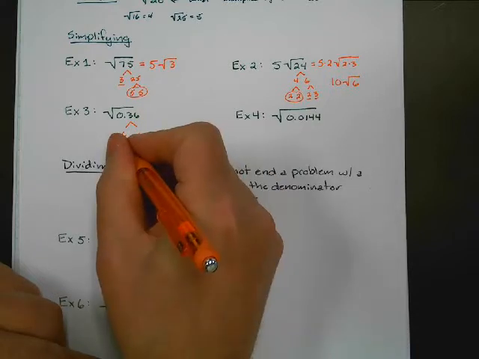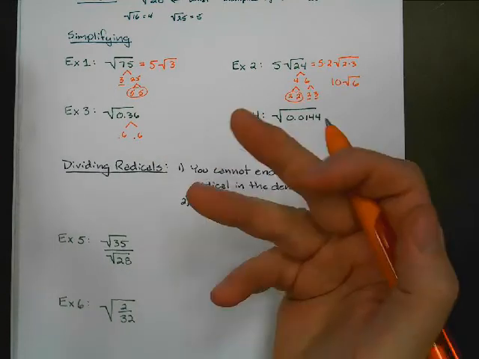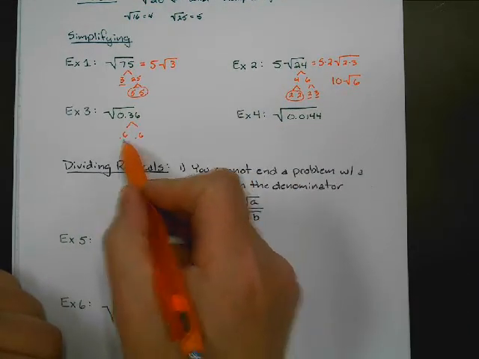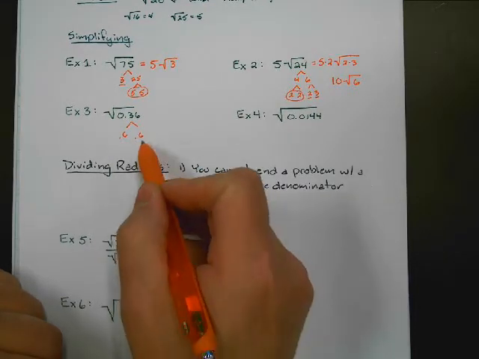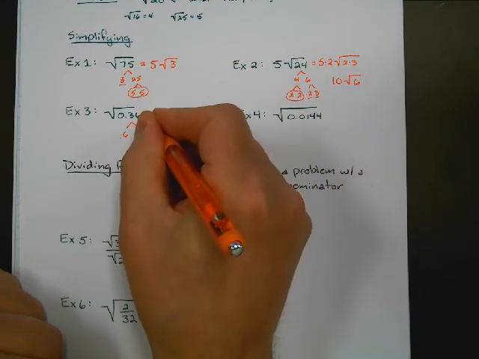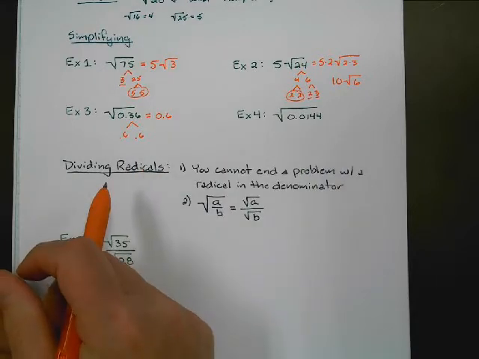Well, remember when you multiply with decimals, you multiply the numbers and then just add up the number of decimal places. Since this one has 2 decimal places, each of these had 1 decimal place. So 0.6 times 0.6 is 0.36. So this even works with decimals, where we could get 0.6 as the answer for that one.